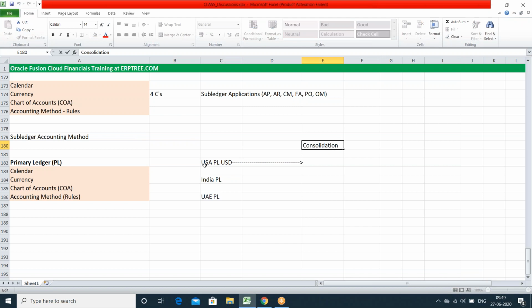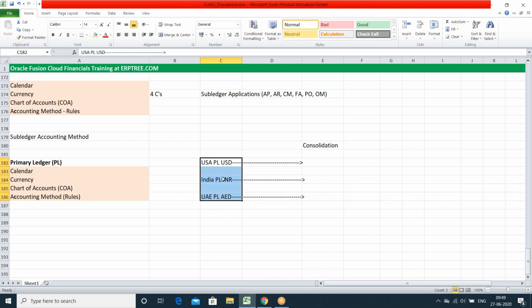The USD primary ledger data will be in USD. Here they'll record the transactions in INR. In the UAE primary ledger, they'll record the transactions in AED. So in these three ledgers, since they are doing business in the respective countries, you have to record the transactions in local currencies only.